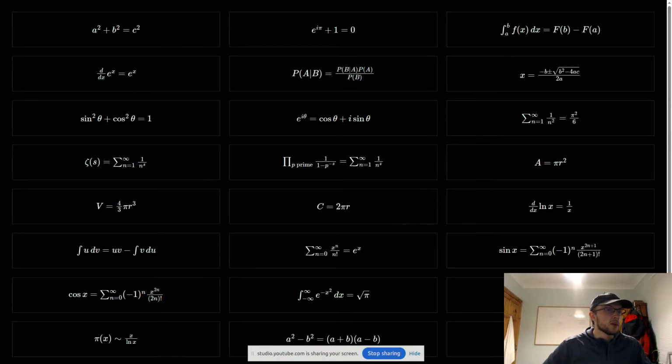For example, 5 choose 2 is 10, and it's the number of ways that you can choose 2 fingers from the 5 digits on your hand. 2 digits from the 5 digits on your hand, rather.